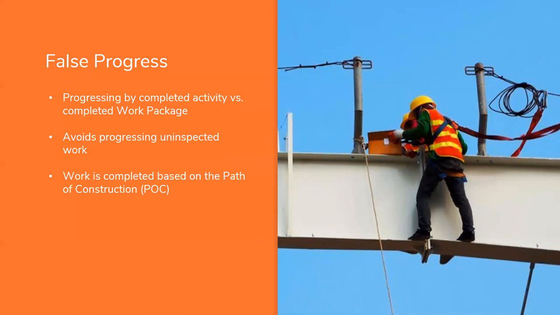And what we really are interested in doing is making sure that all the work we do is moving us towards a properly completed, lower cost, shorter duration project that is always safe.